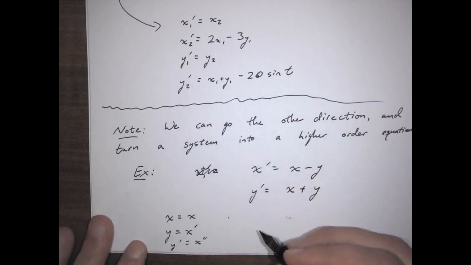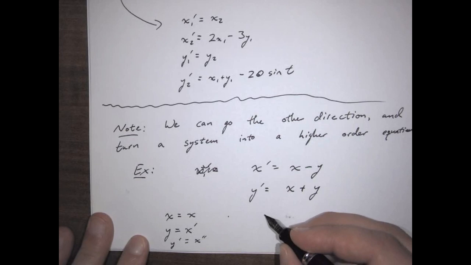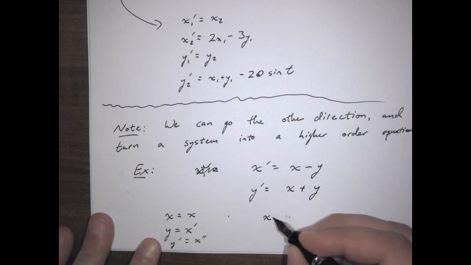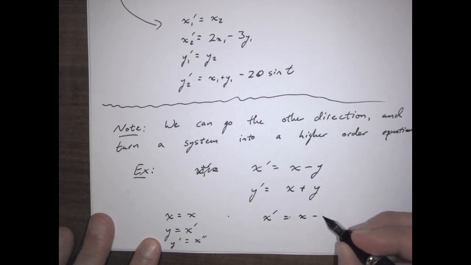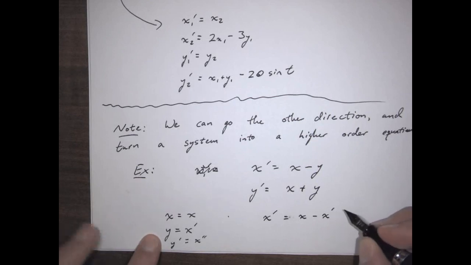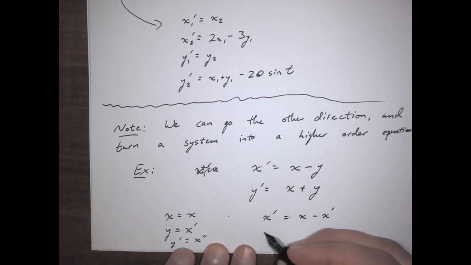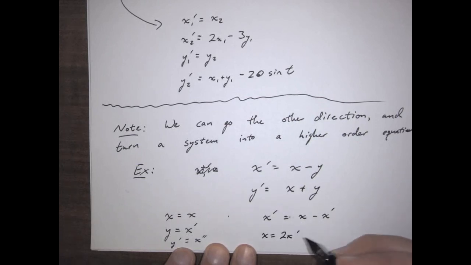So x prime here is the same as just y, or vice versa. x prime equals x minus y, which is x prime. And then what that means is, if I add that to both sides, that means x equals 2 x prime.